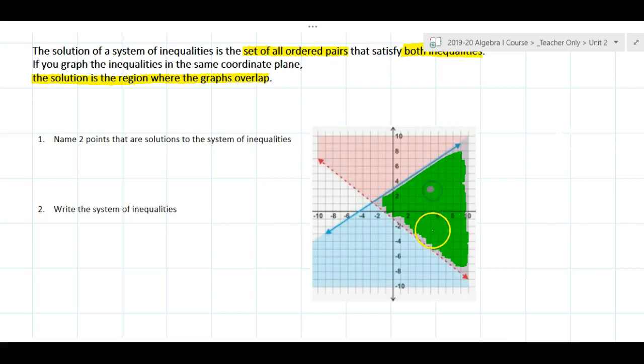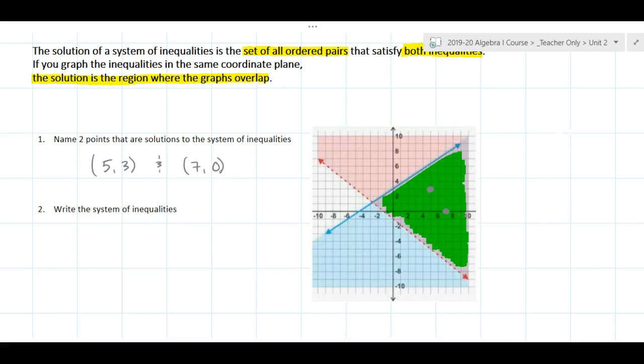So I'm going to name 2 points. That one's over 5, up 3. And let's do over 7, up 0.